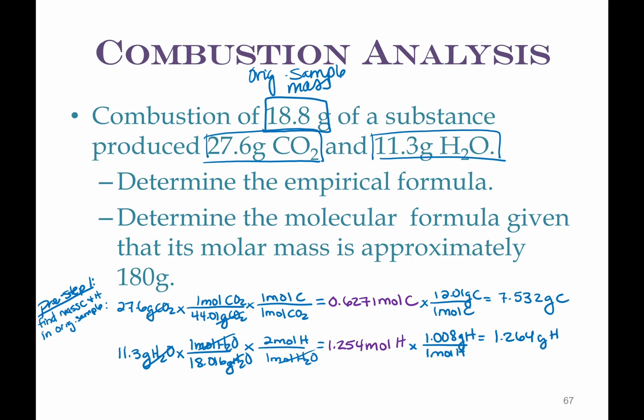So we're going to do pre-step number 2. I'm going to do it up here because I'm going to run out of room there. Pre-step, okay, what did I just do? Step number 2, subtract mass of carbon and mass of hydrogen from original sample.